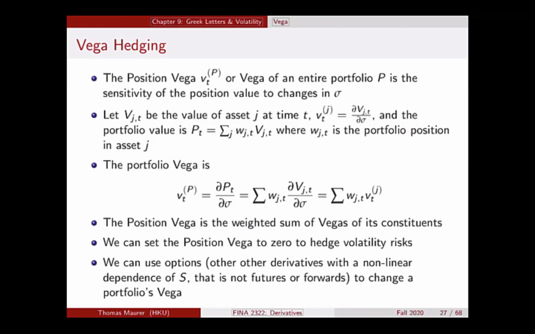So if you want to hedge risk with respect to changes in volatility, well then what you want to do is make sure that your portfolio Vega is close to 0, and so you have to add additional options, long or short positions, to make sure that this weighted sum over all these Vegas is going to be close to 0.